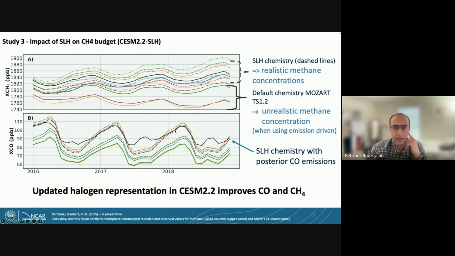And on the bottom panel, we see the results for CO, which shows similar results, that we are getting closer to the observations. Although there are still some uncertainties, these plots confirm that the inclusion of the short-lived halogens in the model certainly improves the CO and methane representation.